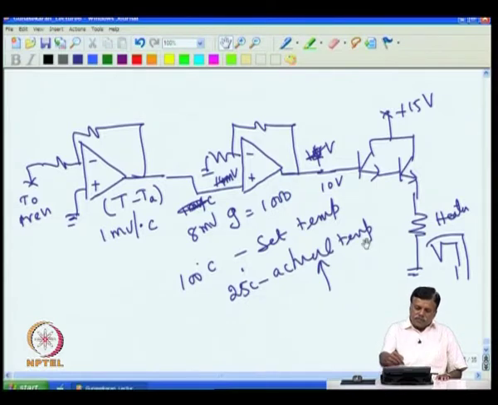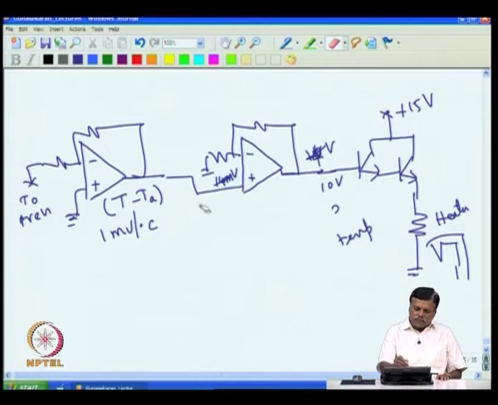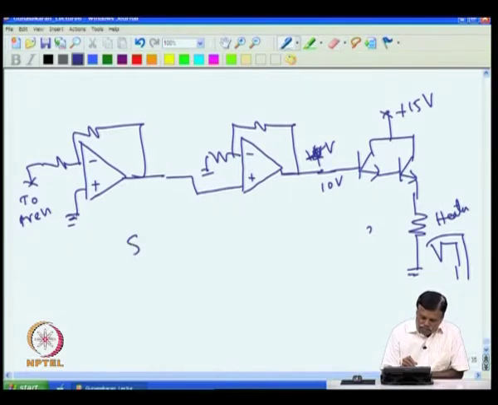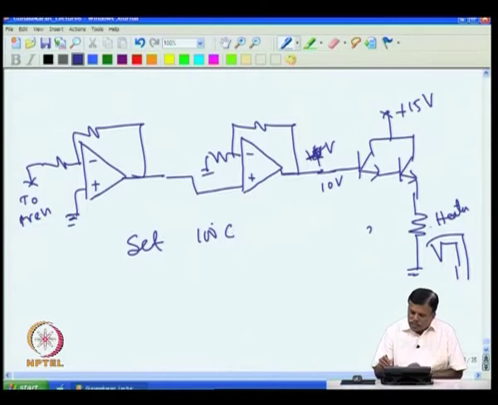If you see very closely, if I set 100 degree, the set temperature is 100 degree. Assume that to maintain the oven at 100 degree C, the heater needs say 7 volt.